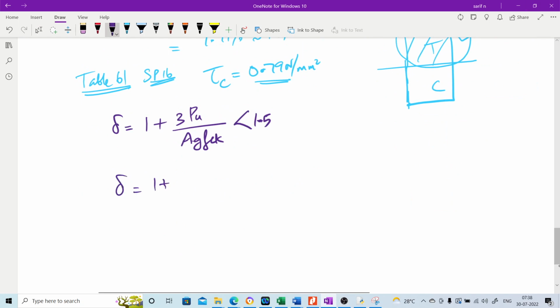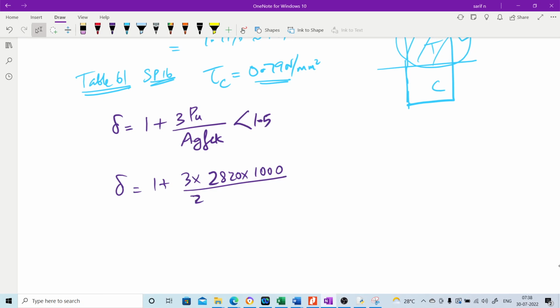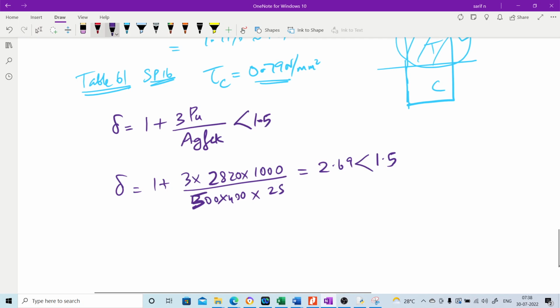Delta will be equal to 1 plus 3 into, this value is 2820 into 1000 divided by AG, the gross cross-sectional area of the column, that is 500 multiplied by 400 into FCK is 25. So this value comes out as some 2.69. So this is greater than 1.5. So we will be taking the value of delta as 1.5.